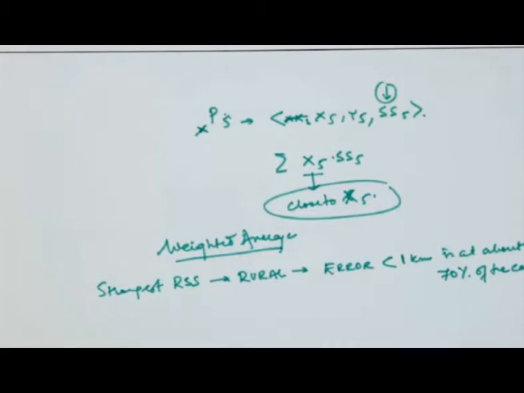But if you see the weighted centroid, what is happening in the rural case? The weighted centroid is becoming very bad, while in downtown the weighted centroid works better, but still strongest RSS works better.